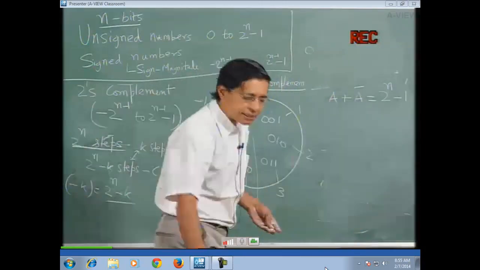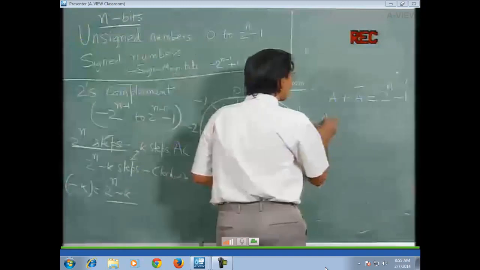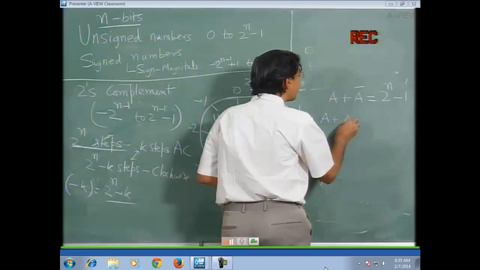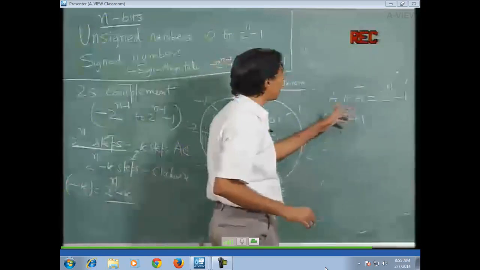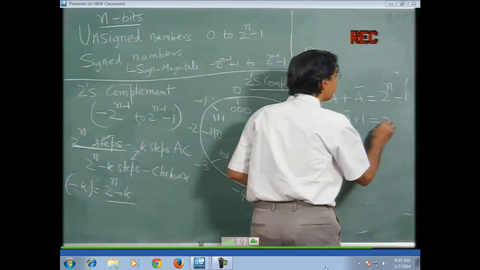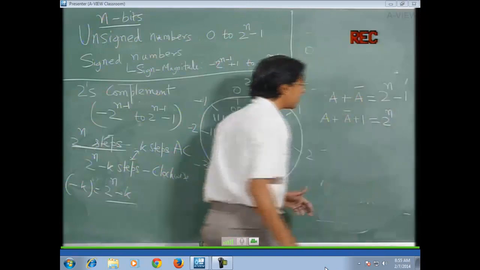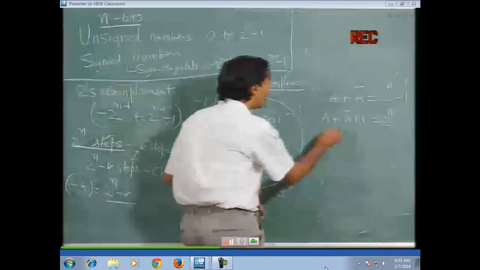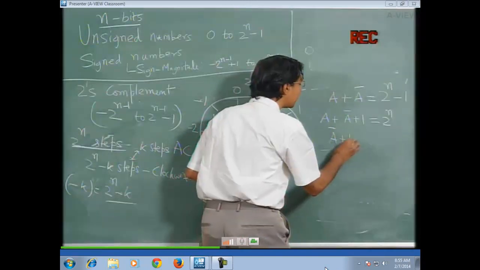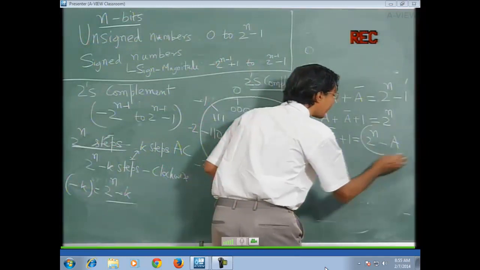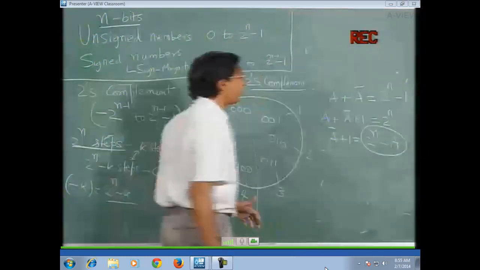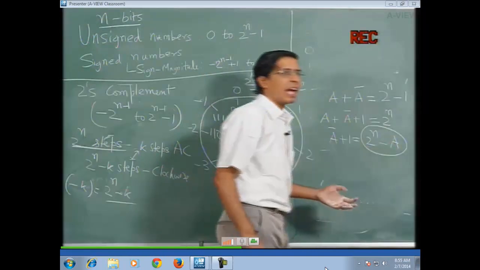To this, in our operation after complementing these bits, I also add 1. So if I say A plus A complement plus 1, which is nothing but 2 power n. So A complement plus 1 is equal to 2 power n minus A. And this is exactly what I want.